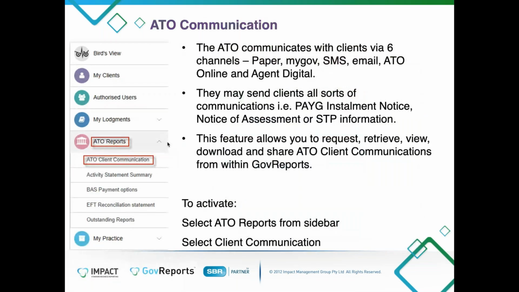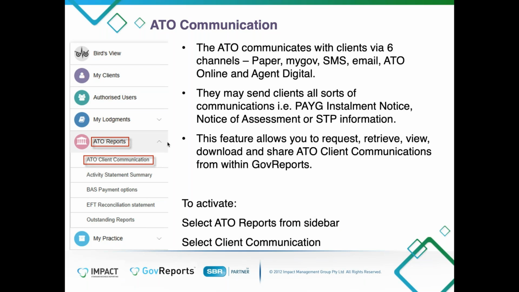So my understanding is that when tax agents are communicating with the ATO, the ATO are communicating, obviously, to your clients. They're doing it by paper, by MyGov, sending SMSs, emailing, doing ATO online, or the clients might be doing ATO online and agent digital.